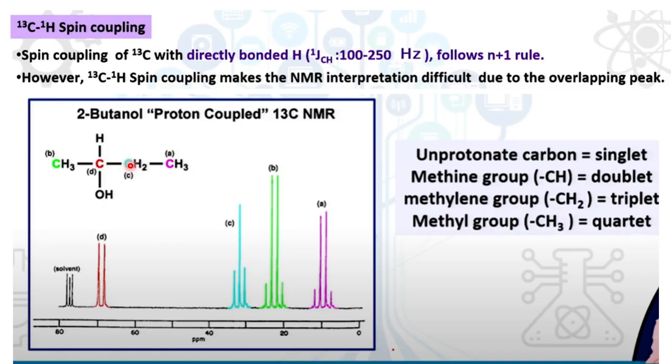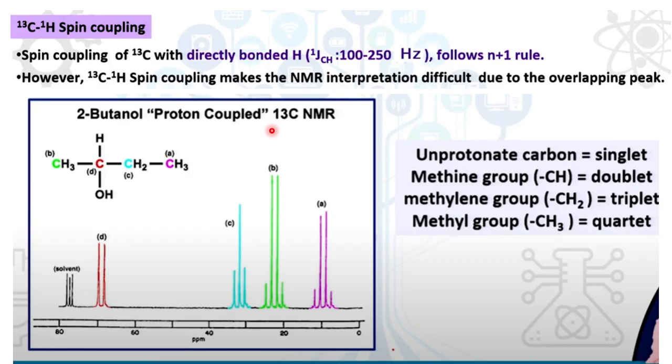Now whether this carbon is 12 or 13, you do not know, and only the 13 will be active in the NMR. So these are the problems in case of 13C, because the 13C-1H spin coupling can take place, and it will make it hard to analyze the data.